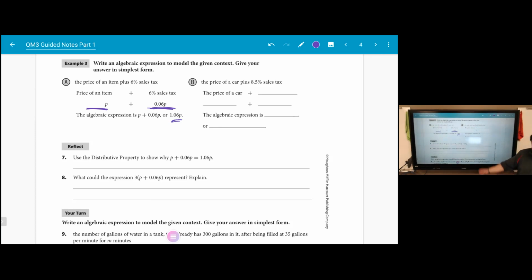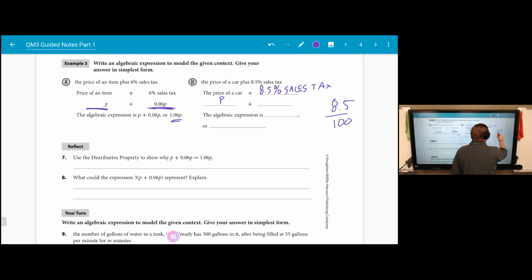The price of a car plus 8.5% sales tax. So what's the price of a car? We'll just call that P. And here's the kicker on this one: what is 8.5% as a decimal? You know that it would be 8.5 divided by 100. When you divide by 100, you move the decimal place twice to the left, but there's no value there, so you have to put a 0.